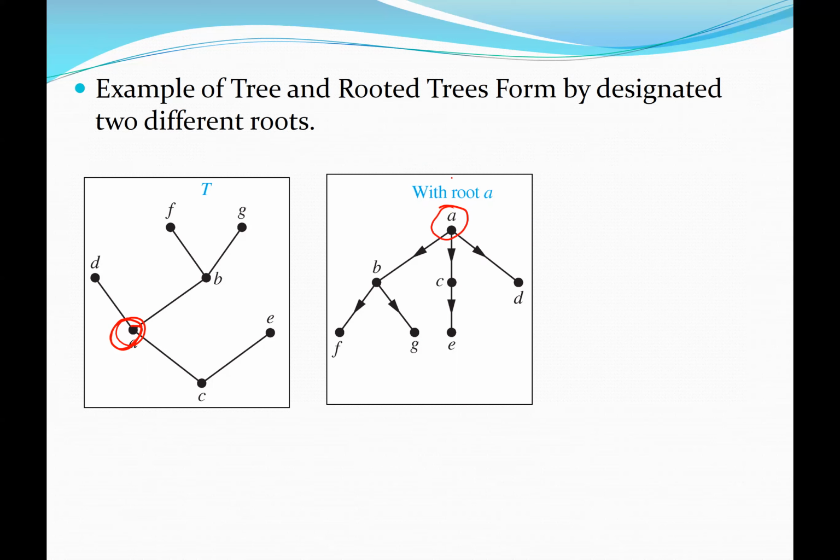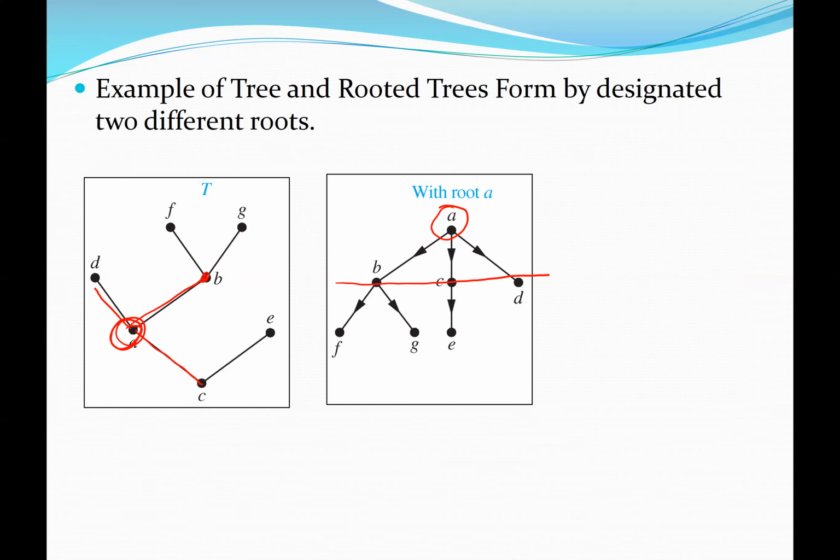Now you see A is connected to D, A is connected to B, and A is connected to C. Those should be on the same level. You can see here B, C, D are on the same level, because those are the three neighbors of A. Then you move on.